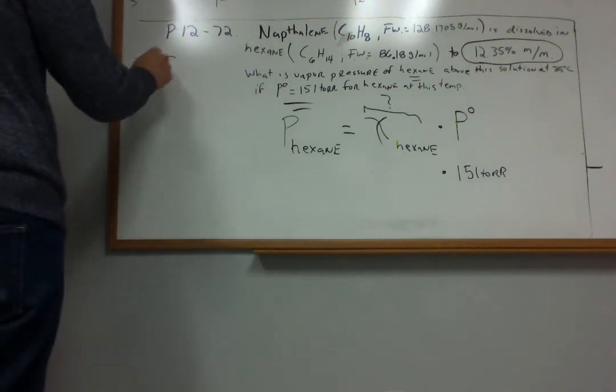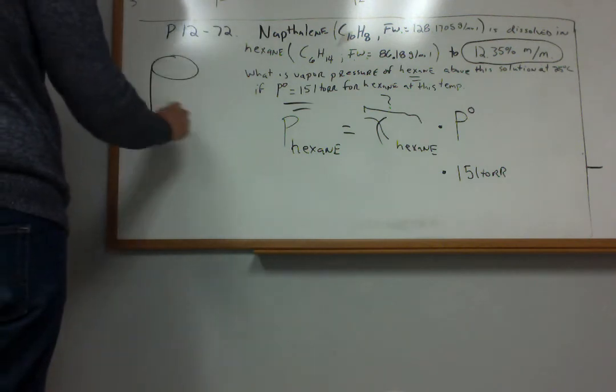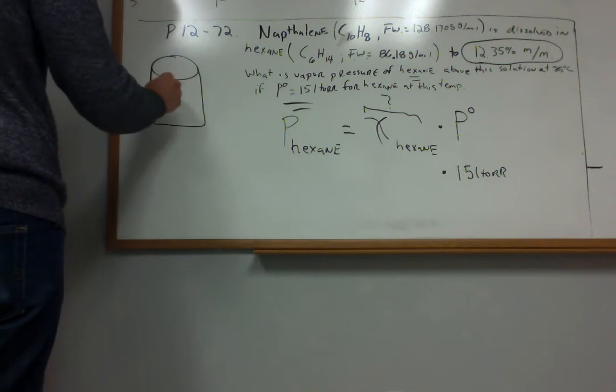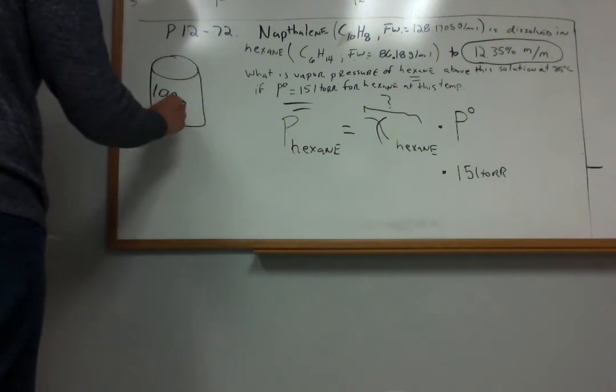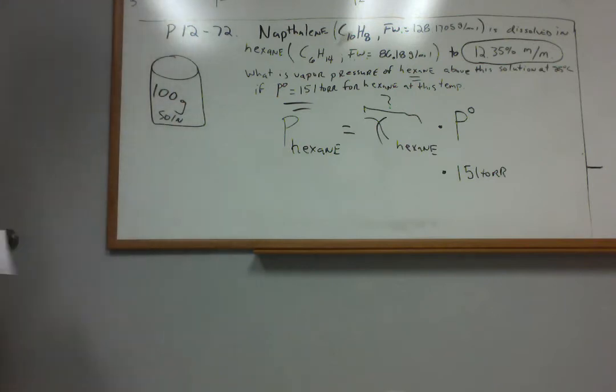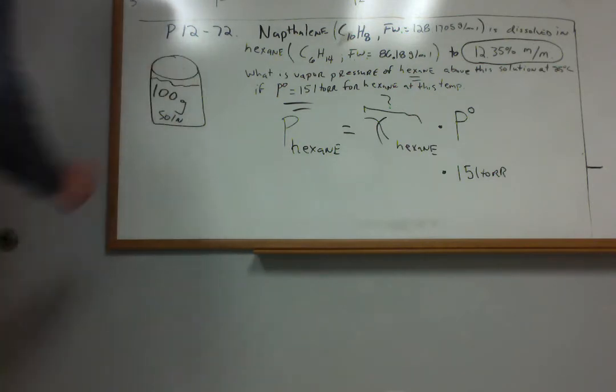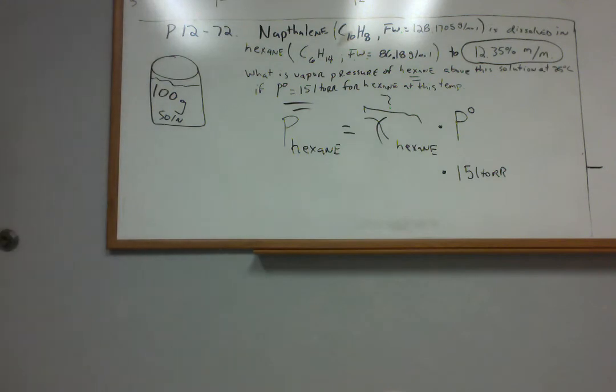The way I'd like to approach this is sometimes done a lot in chemistry, is to assume that we've got a solution of this stuff in hexane, and the entire solution is 100 grams of mass, okay? So the 100 grams is both the naphthalene and the solvent, the hexane, okay?